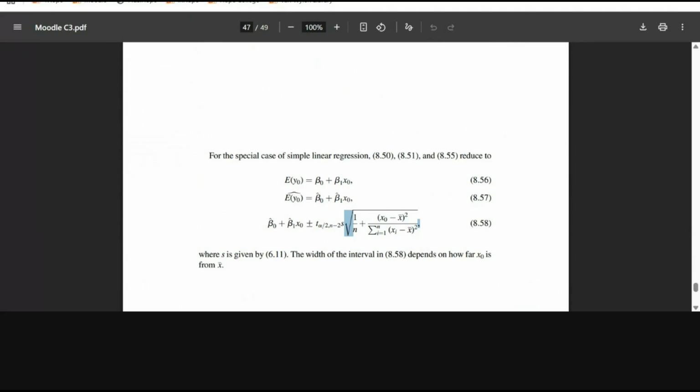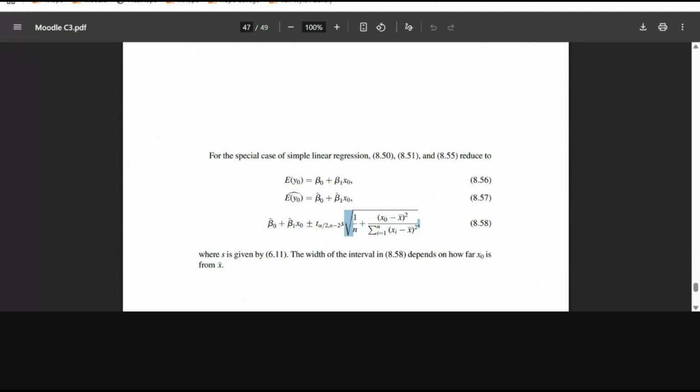If you choose your x0 to be closer to, not closer to x bar. Yes, good. Choices of specific values of x0 that are close to x bar, you are rewarded with a narrower width CI.